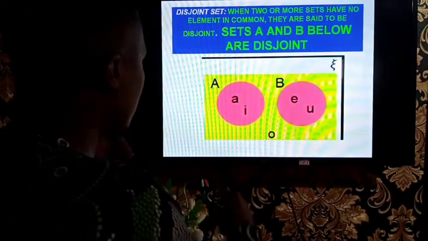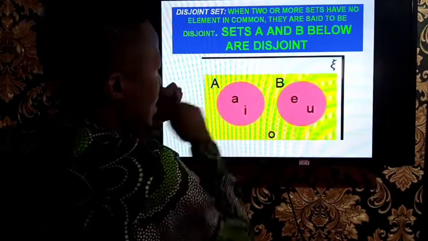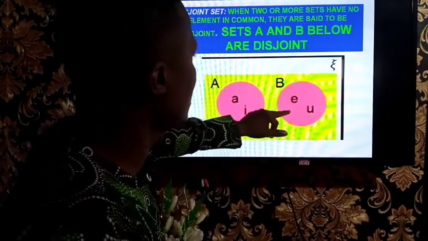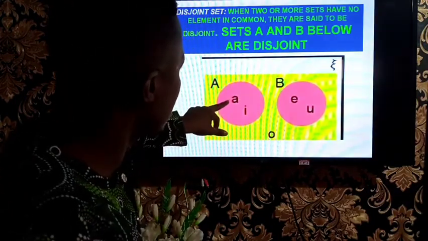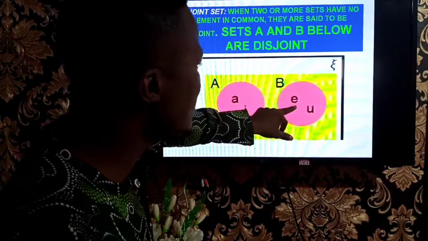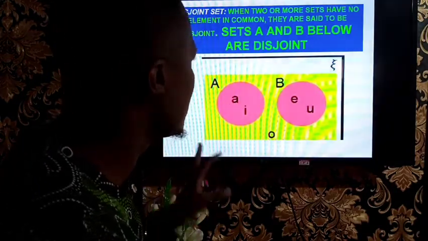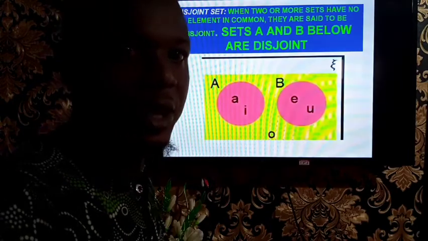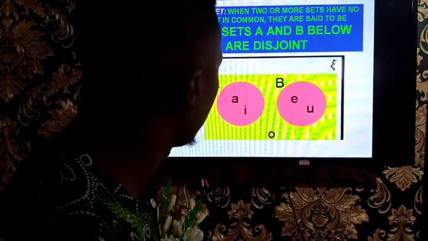A good example of this: look at this set A. A is housing A and I. Set B is containing E and U. You will find out that there is no element in A which I can see in B. Therefore, these two sets are said to be disjoint sets. Disjoint sets, sets having no element in common. Okay?